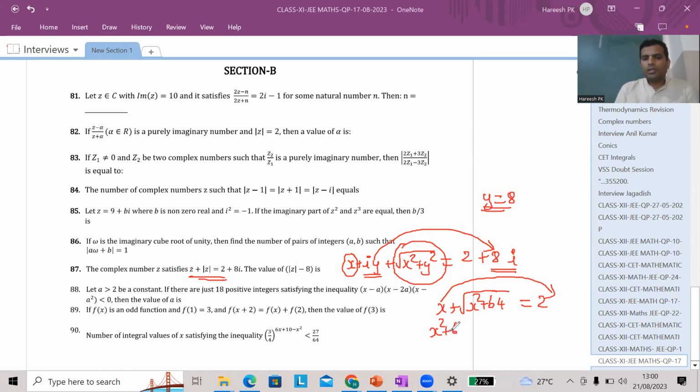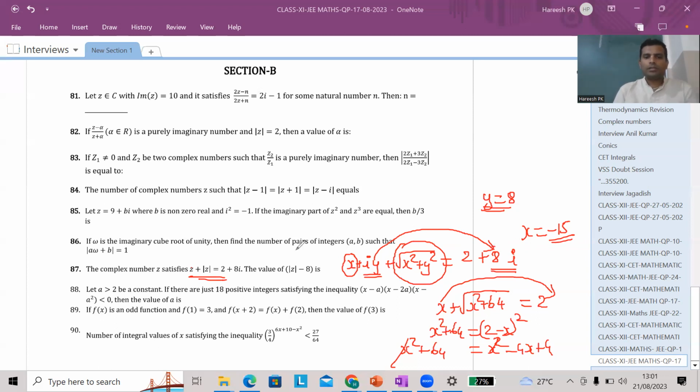Then square on both sides. So x square plus 64 is 2 minus x whole square. Get here x square minus 4x plus 4 square plus 64. So you'll end up getting x as minus 15. X is minus 15 and y is 8.